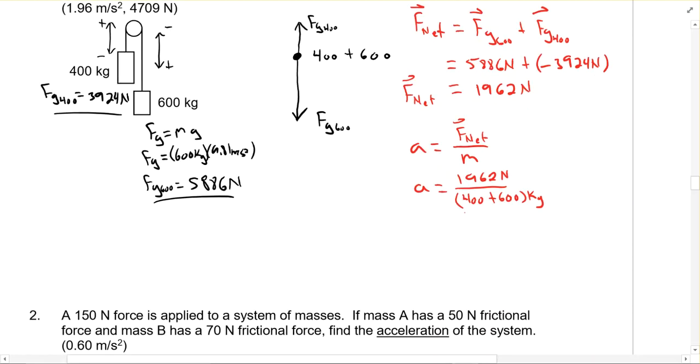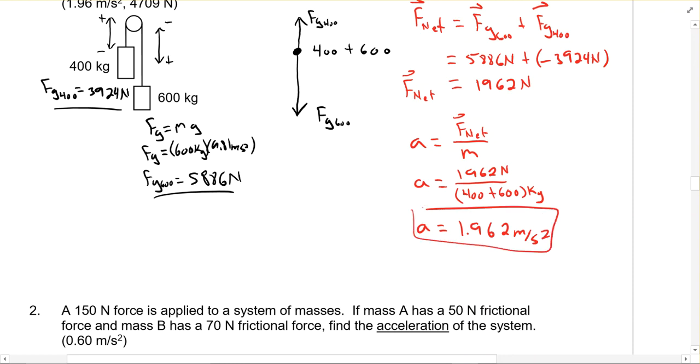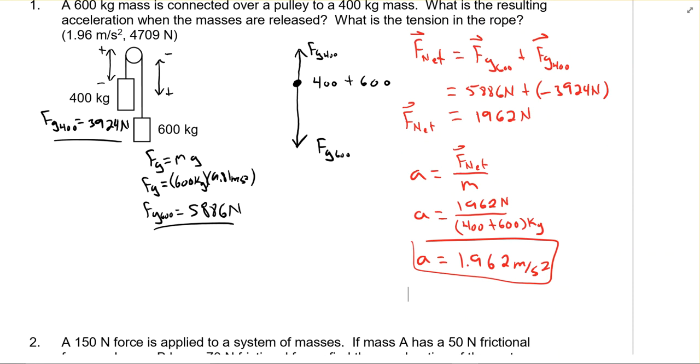I haven't done that yet, but that's a common way to write it. If you're adding things together, you can just add them without units in the brackets and then put the units at the end of the brackets. That's totally a legit way to do it. So that's going to be 1.962 meters per second squared. Now I wish I would have left more room, I'm taking up way more than I need to.